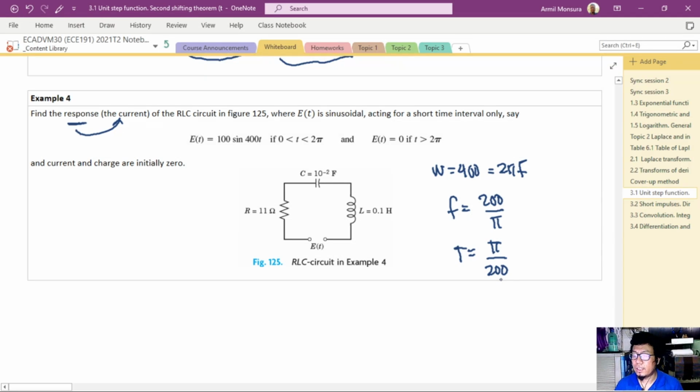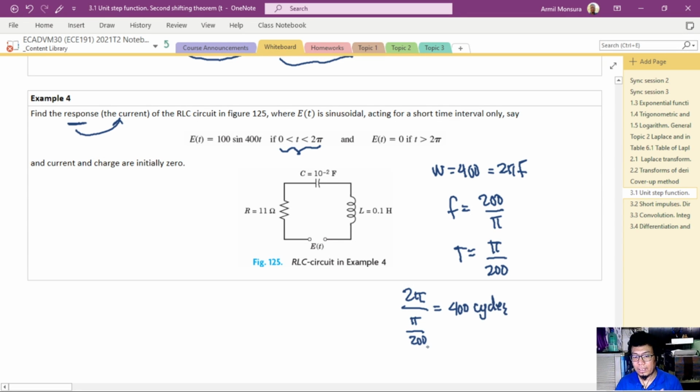Which means that if our sinusoid acts only for a period of 2 pi seconds, we would have 2 pi over pi over 200, which is 400 cycles.